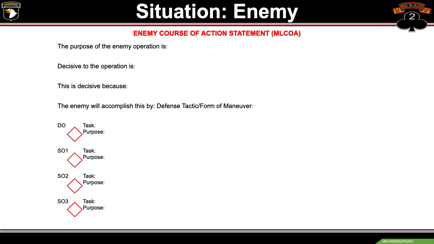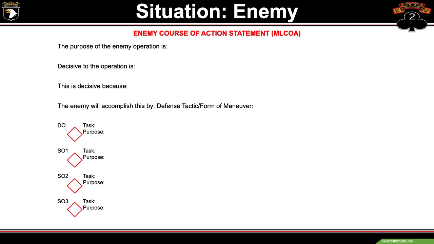And then here going into the enemy course of action statement. It's important that we do enemy first so that we can depict on the map and have a very good, robust understanding of what the enemy is doing and where they are going to be, how they are going to fight the fight, essentially. So this is showing the purpose of their mission, what their decisive point is, and how they're allocating their assets.